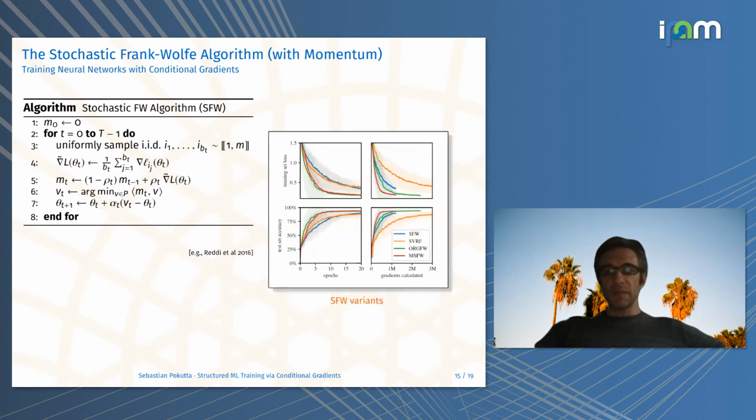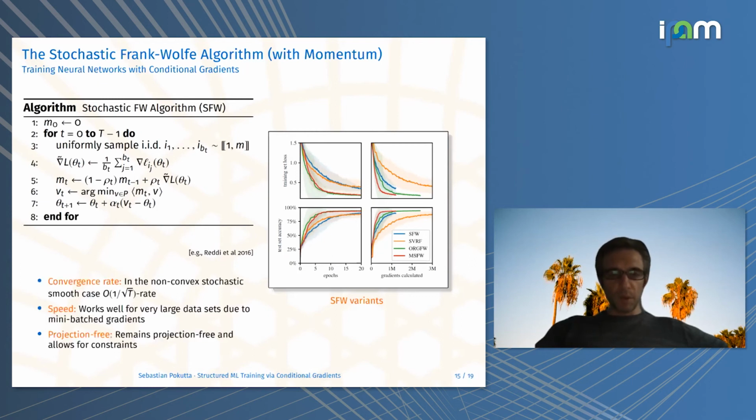As with many of these algorithms, there's hundreds of variants out there. They all have slightly different behavior depending on what you want to do with them. All of them are suitable depending on the task that you look at. And I also don't want to go too much into the details here. What is important is you get all the things that you need to use this for neural network training.